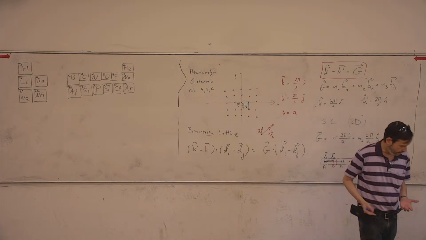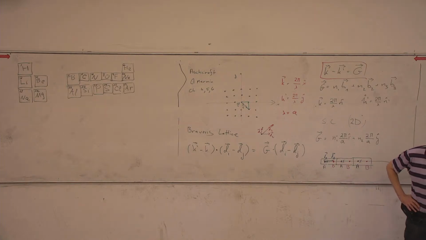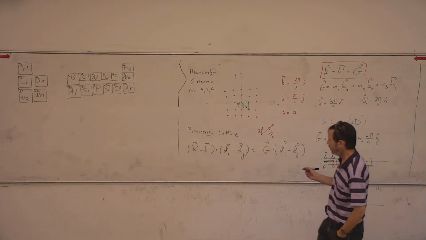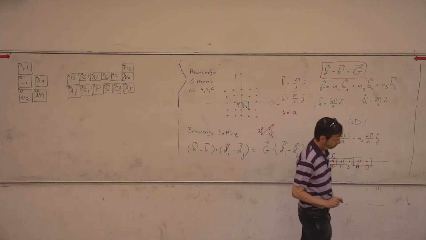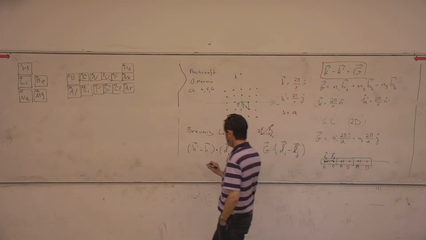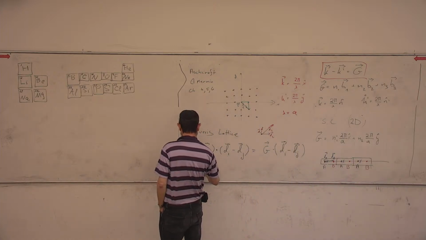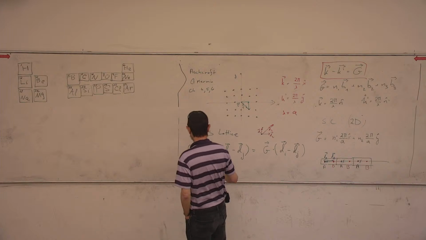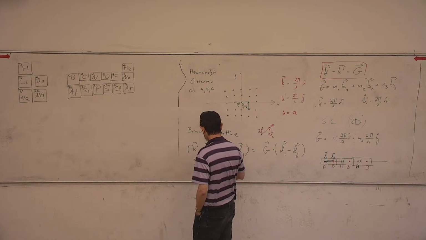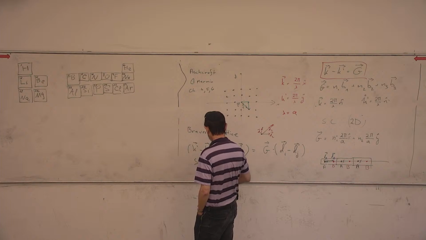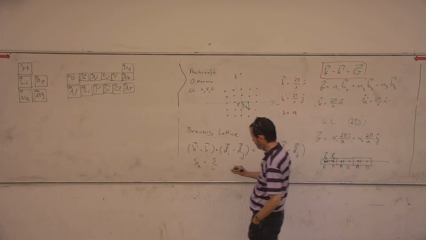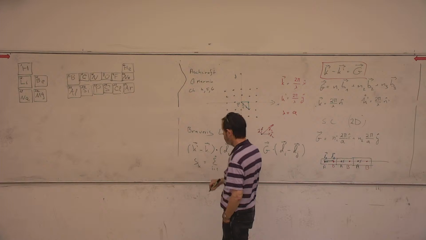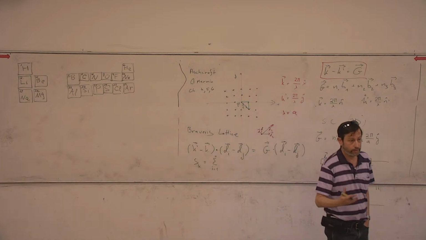Okay, so if I write down all these amplitudes, let's assume I have n different atoms in this unit cell.